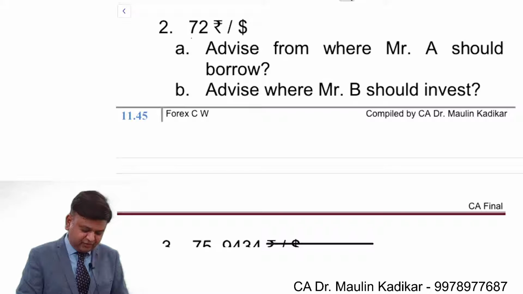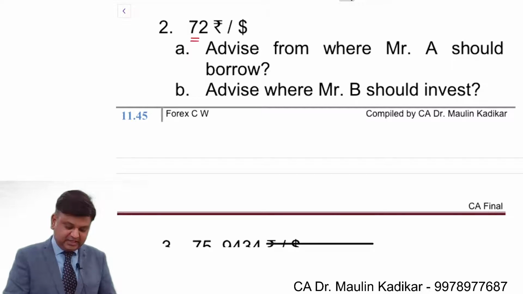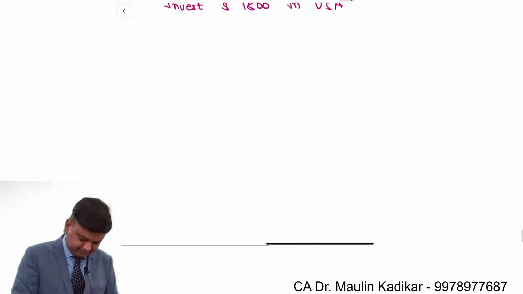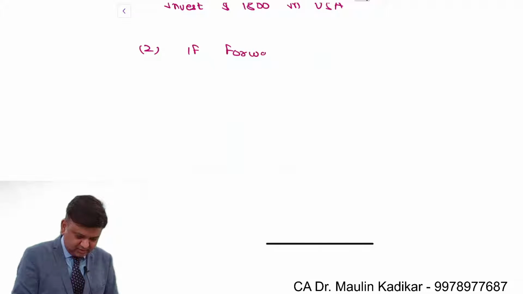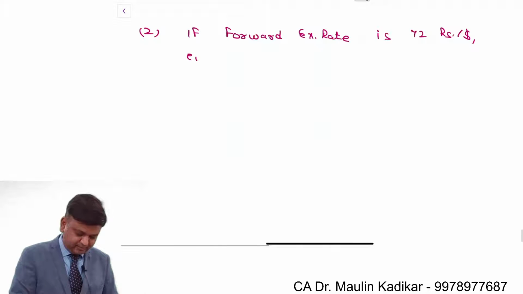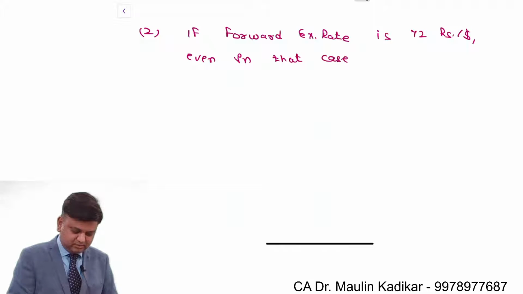Second question is, if the forward exchange rate is 72, then in that case advise both of them. Let us answer the second question. If forward exchange rate is 72 rupees per dollar, comma, even in that case IRPT does not exist.